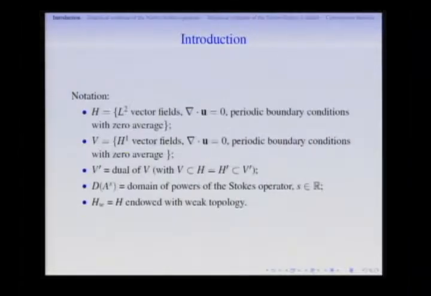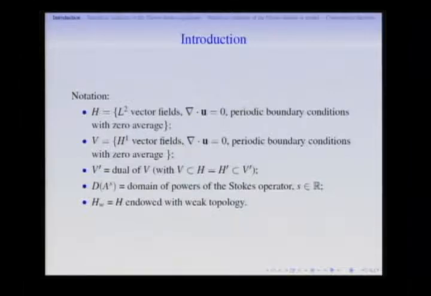So just to fix the notation, H stands for the set of divergence-free L2 vector fields, which satisfy the periodic boundary conditions with 0 average. V is the subset of H of the H1 vector fields. V prime is the dual of V, and D(A^s) is the domain of powers of the Stokes operator for s a real number.